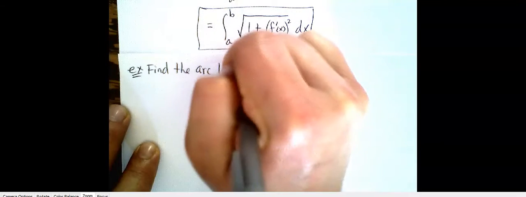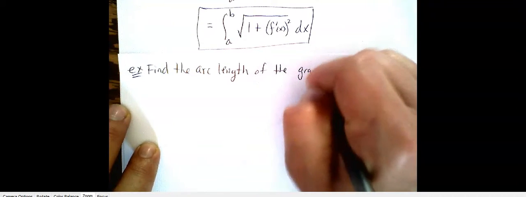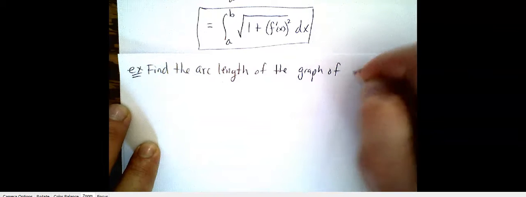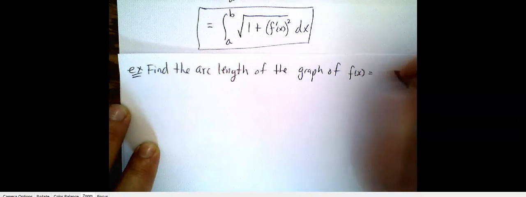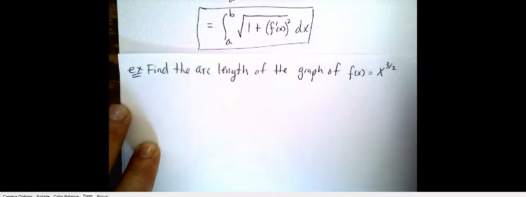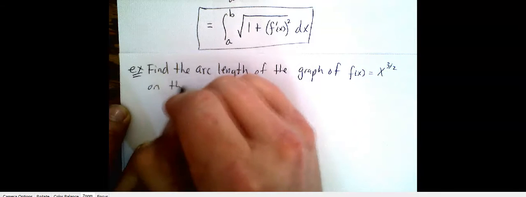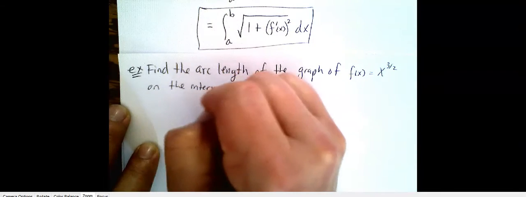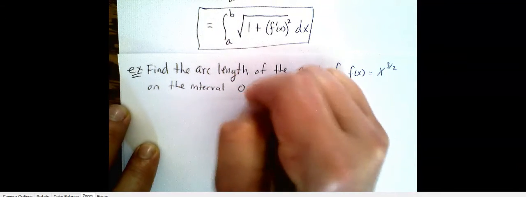All right, so let's try this example. Find the arc length of the graph of f of x equals x to the 3/2 on the interval 0 to 2.